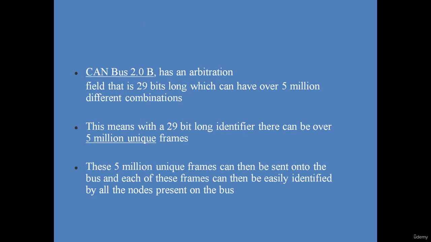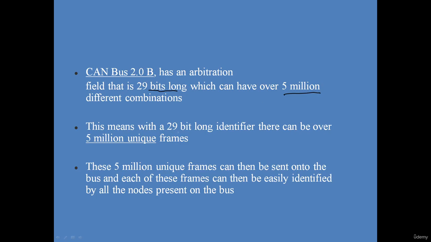In the case of CAN 2B, it has an arbitration field that is 29 bits long. So CAN 2A has an 11-bit long arbitration field and CAN 2B has a 29-bit long arbitration field. So this can have over 5 million different combinations. Okay. So this is a huge amount of data that can be exchanged on the bus.